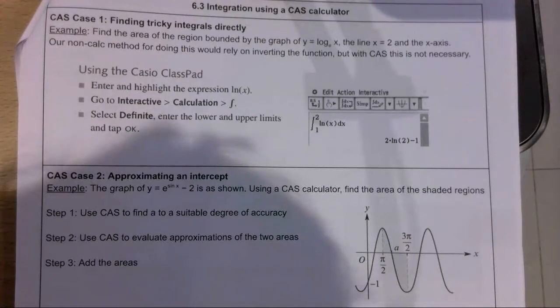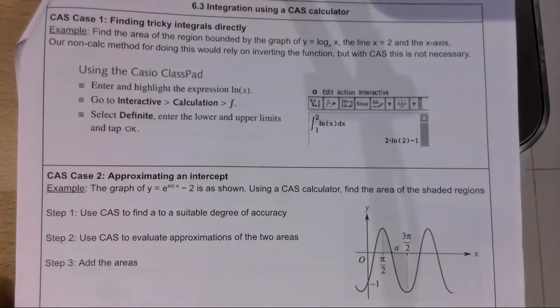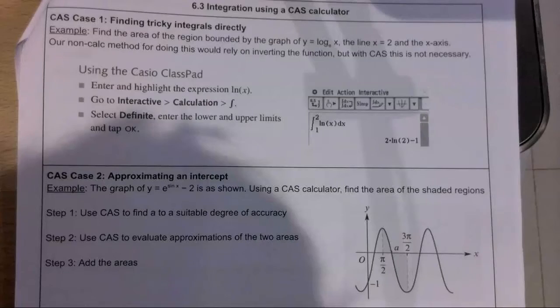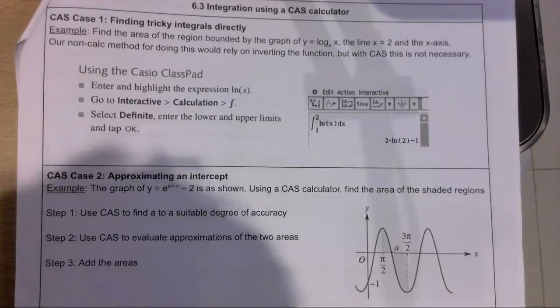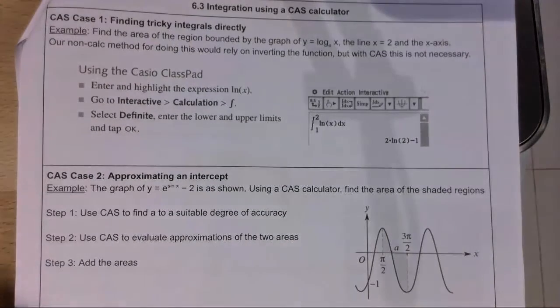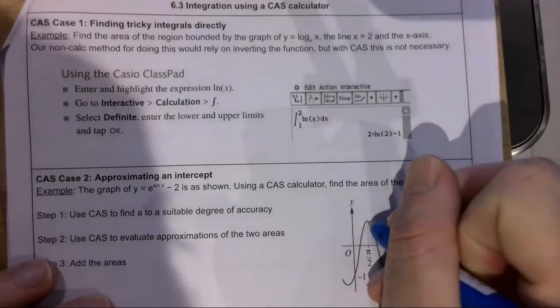The second way in which you can use your CAS is to find the total area if you don't know an intercept. So here we've got this function y equals e to the power sine x minus 2, and we're trying to find the total area of the shaded region here.